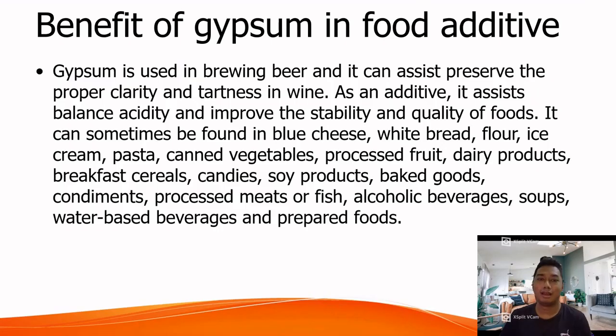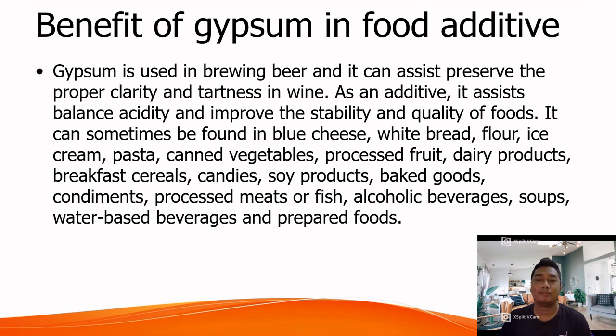I am Amiro. I would like to talk about the benefits of gypsum in food additive. Gypsum is used in brewing beer and it can help preserve the proper clarity and tartness in wine. As an additive, it helps balance acidity and improves the stability and quality of foods.